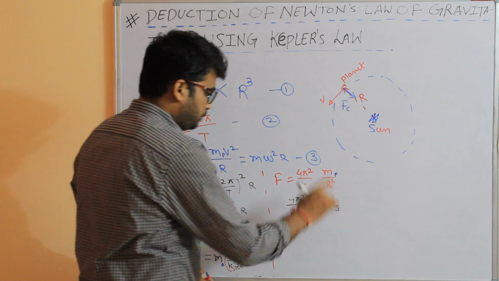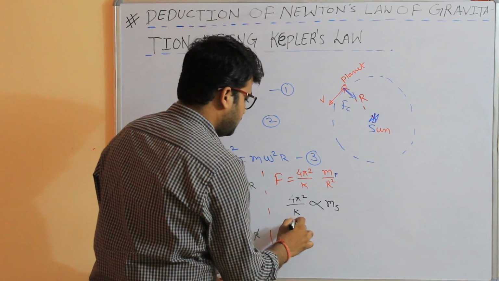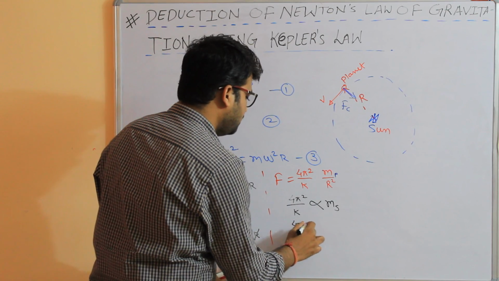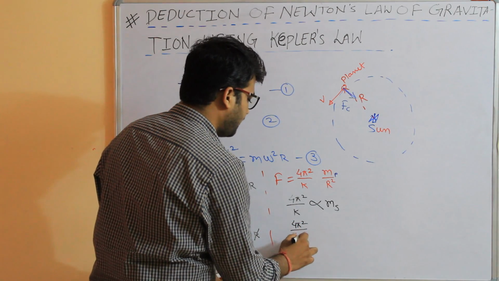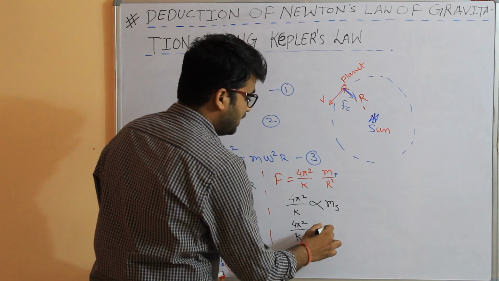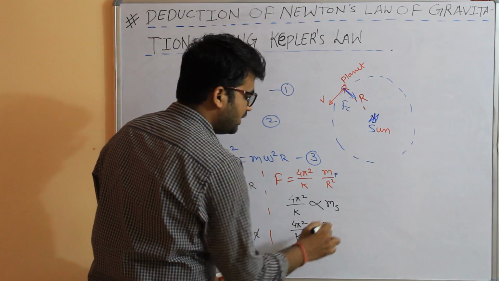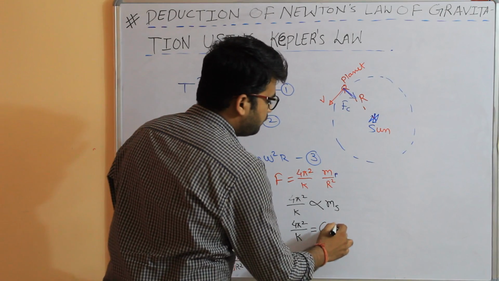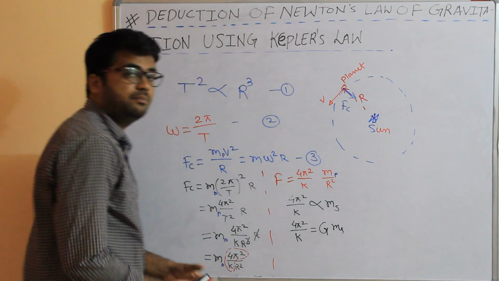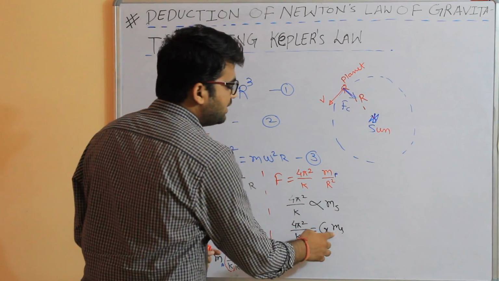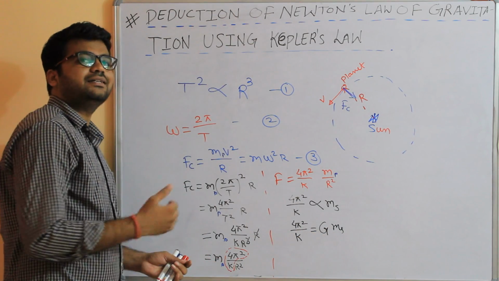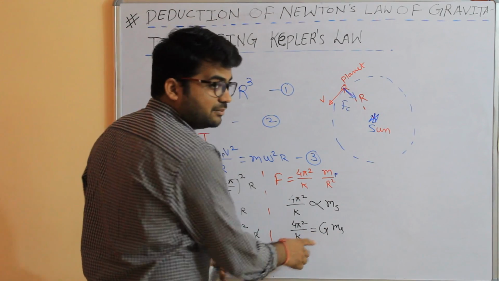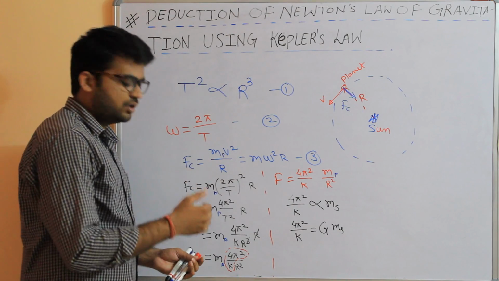So this is nothing but the mass of the sun, and after that he said this 4 pi square by k must be equal to some constant, which is then named the universal gravitational constant, into the mass of the sun, Ms. This Ms is the mass of the sun, and this capital G is the universal gravitational constant.